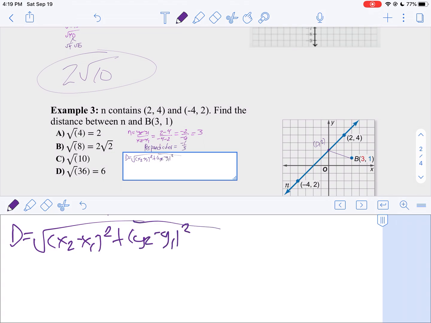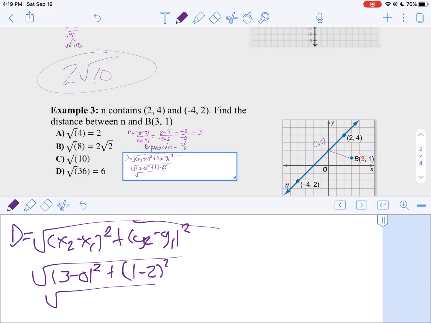You should have that memorized by now because we do it so often. So we're going to say 3 minus 0 squared plus 1 minus 2 squared. Well, 3 minus 0 is 3. 1 minus 2 is negative 1.